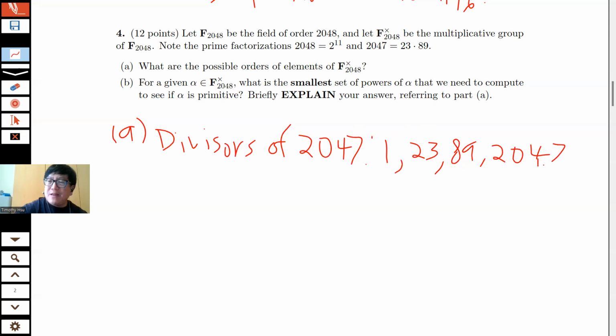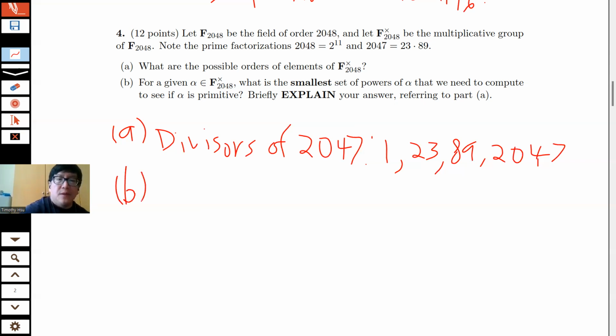It's maybe not so easy to figure out that the divisors of 2047 are exactly those numbers, but if you at least wrote that it's just the divisors of 2047, whatever those are, then that's something. Okay, sorry. Nothing like putting the hand in the camera to make my video more interesting, huh? So that's the answer to part A.